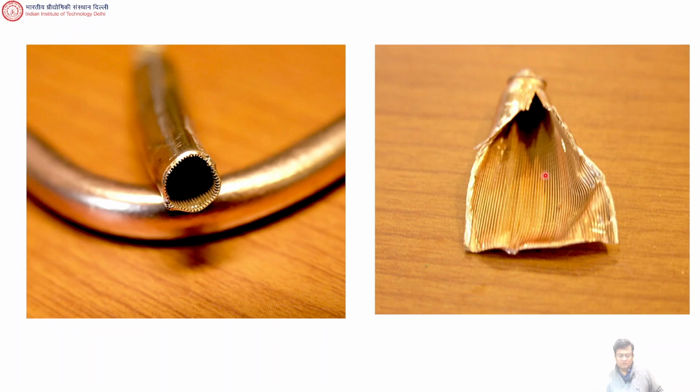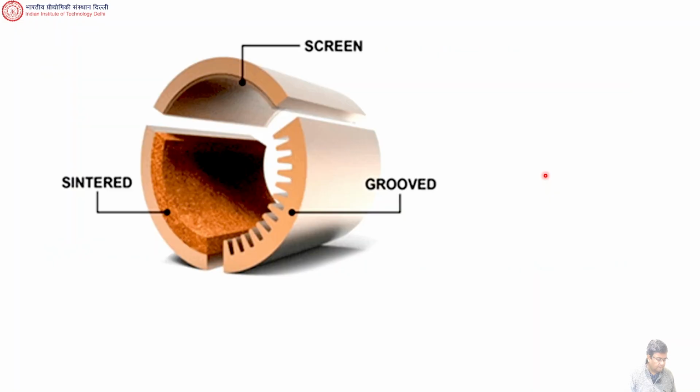Something similar to this only. Ultimately, here also different menisci will form. Menisci is the plural of meniscus. This seems a bit more on the macro scale, so it's easier to understand. Here it's more difficult to see because there are very small pores.